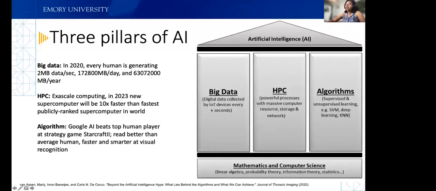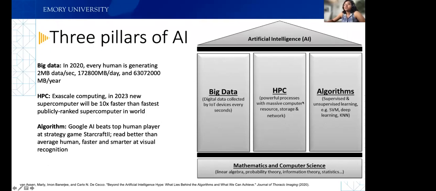Before I move forward with our research, I just wanted to reintroduce you to the 3 pillars of AI. The current advancement of AI that we are hearing about from every different part of the research is standing on 3 big pillars: big data, high performance computing, and algorithms.